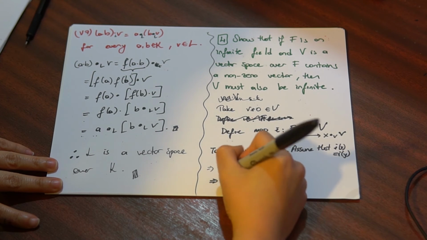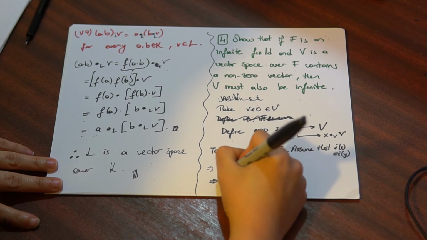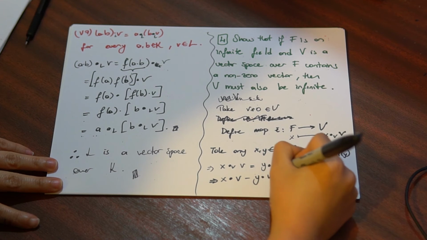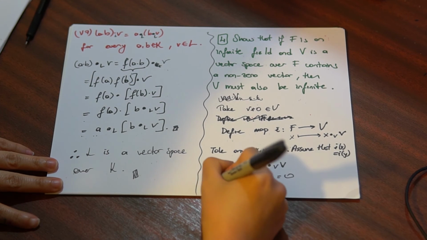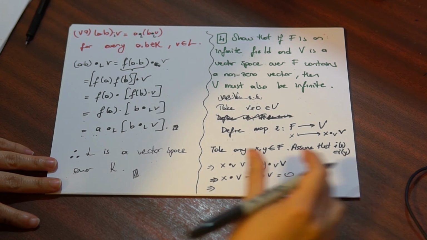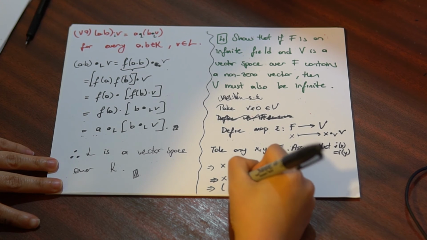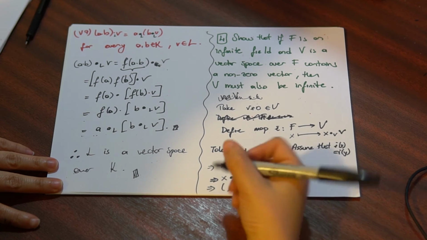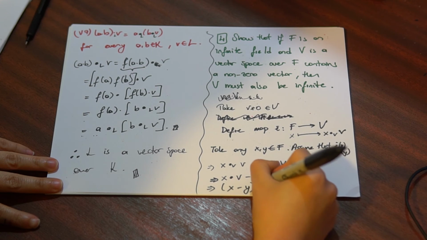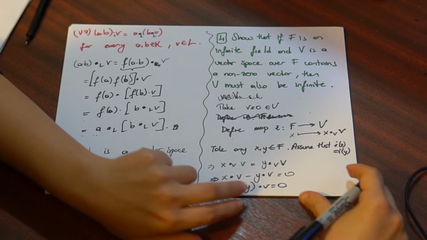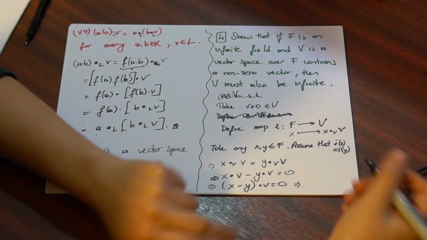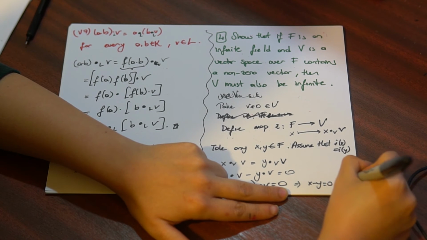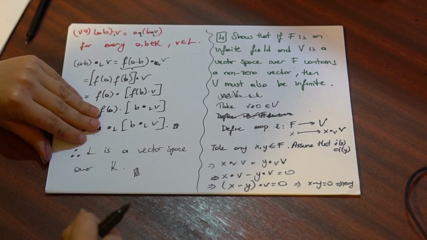So if we take this to the other side, x times v minus y times v is equal to 0. Since this is a vector space, we can take v common: (x minus y) times v is equal to 0. So since v is not 0, this means that x minus y is equal to 0. So x is equal to y, right?